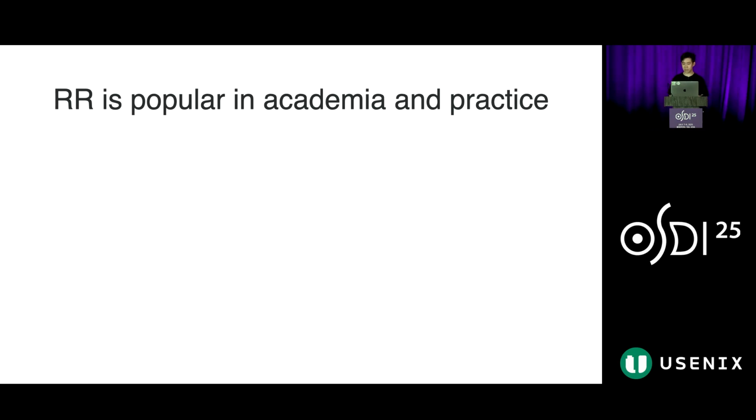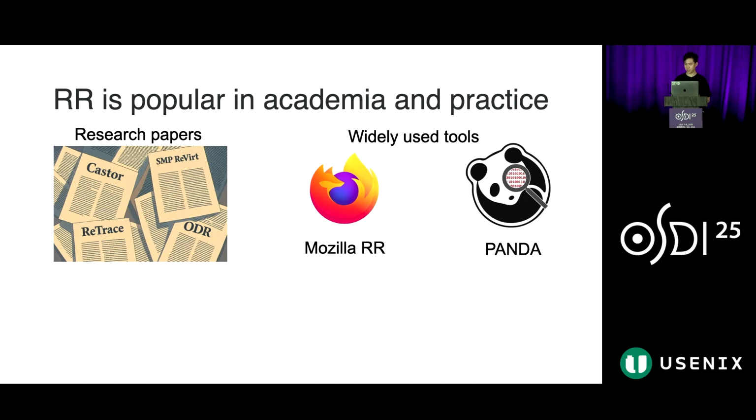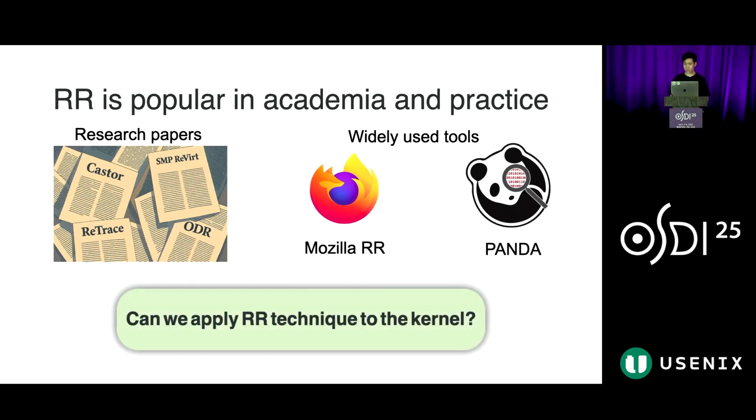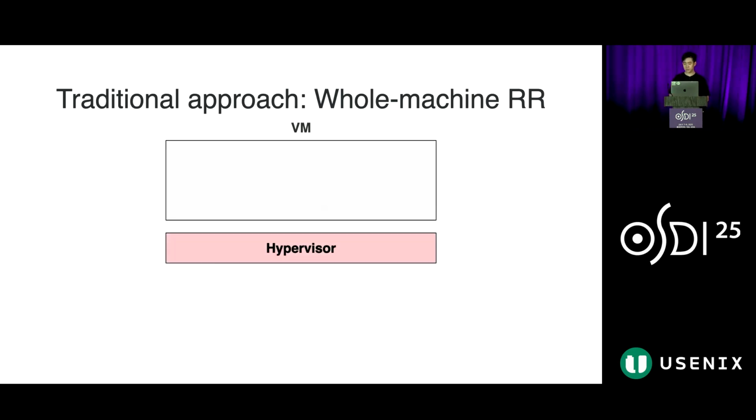RR is also popular. Besides an abundance of research papers about it, there are also widely used tools to help developers debug software. Then the question becomes: can we apply the RR technique to the kernel? The traditional approach is whole machine RR, in which the target system, including the kernel, is running inside a VM.